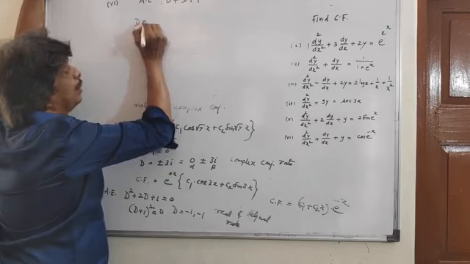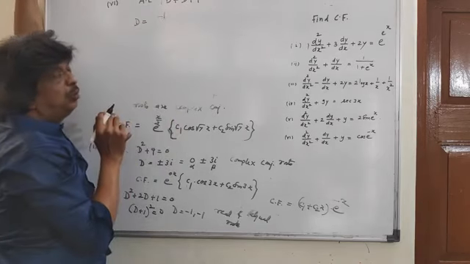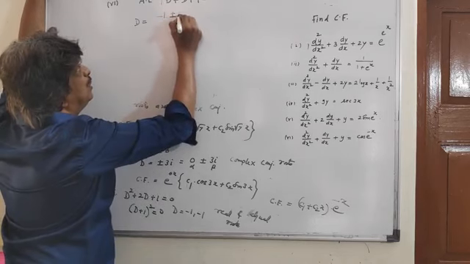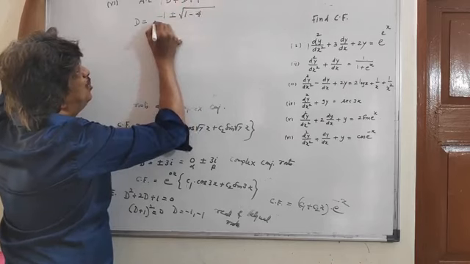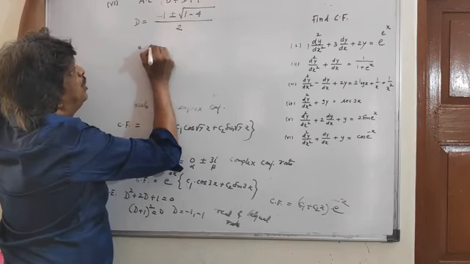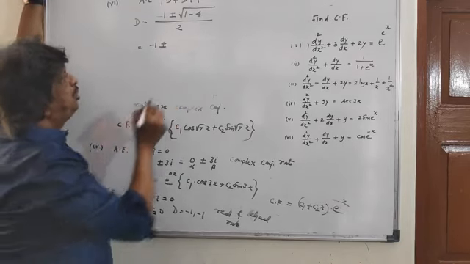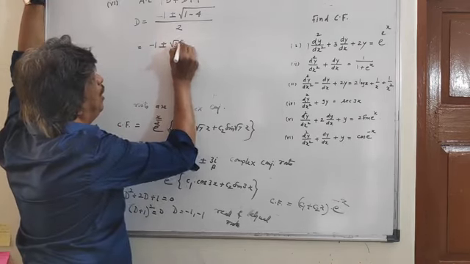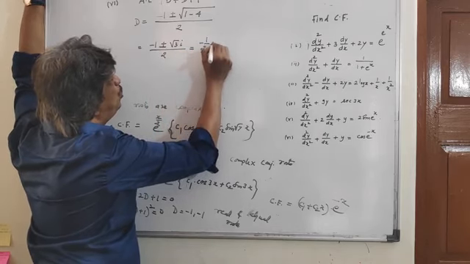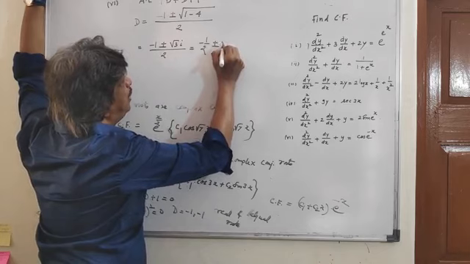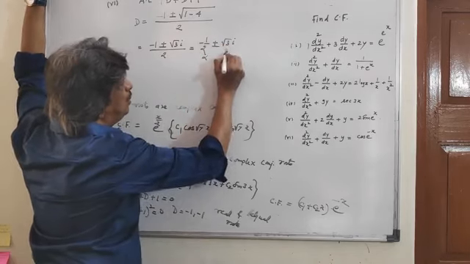The two roots by the quadratic formula are (-B ± √(B² - 4AC)) / 2A. AC is also 1. So it is (-1 ± √3 i) / 2. So the two roots are -1/2 ± (√3/2)i. So here alpha is minus half and beta is √3/2.